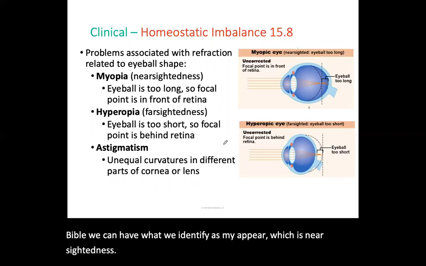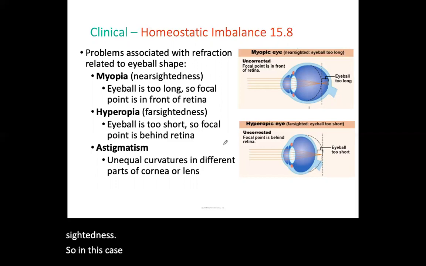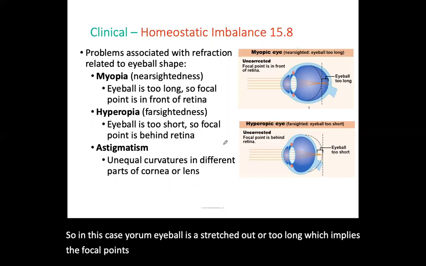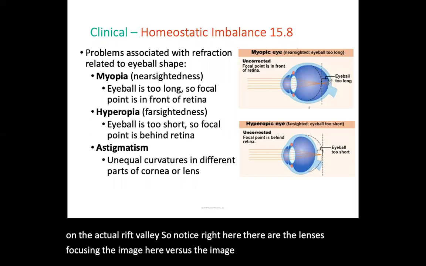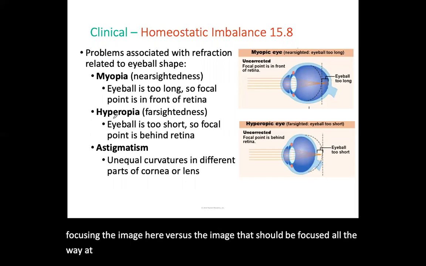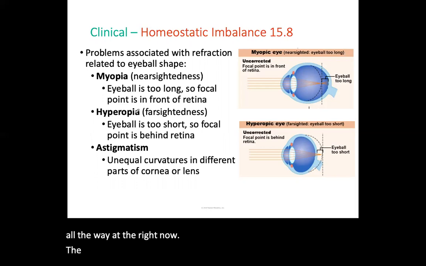So in this case, your eyeball is stretched out or too long, which implies the focal point for your vision would be in front of your eye, rather than on the actual retinal layer. So notice right here, the lens is focusing the image here versus the image that should be focused all the way at the retina. The opposite of myopia is hyperopia, which is farsightedness.